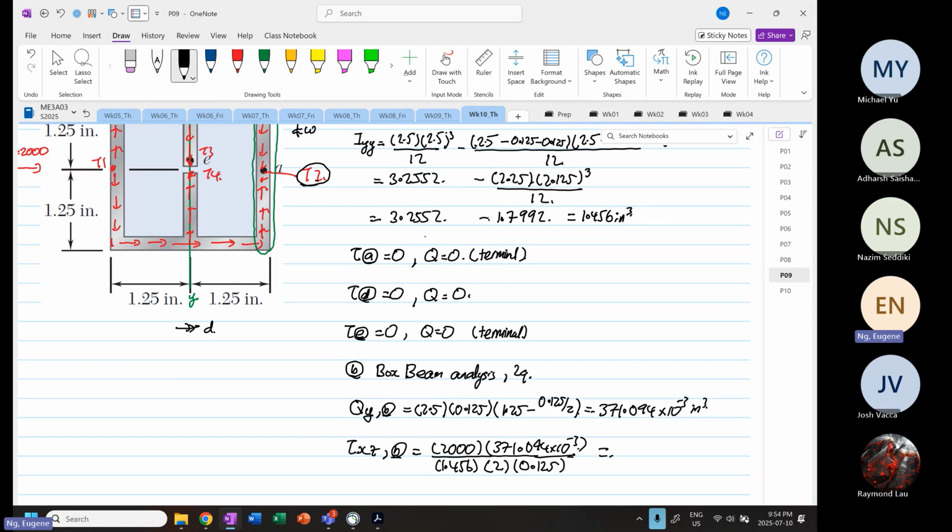So this is equal to 2000 times 371.094 times 10 to the power minus 3, divided by 1.456, divided by 2, divided by 0.125, which is 2.039 times 10 to the power 3 psi. Okay, let me check.